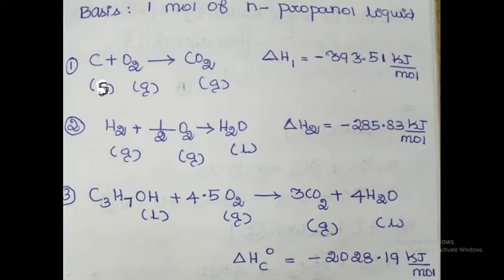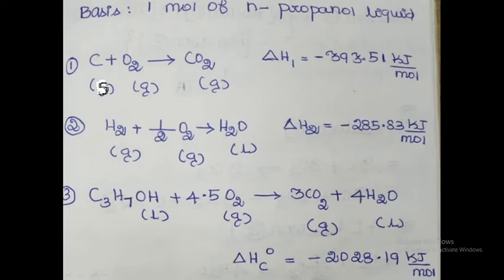C3H7OH plus 4.5 O2 gives 3CO2 plus 4H2O. So, the N-propanol state of aggregation is liquid, oxygen in gaseous form, whereas carbon dioxide is gaseous form and water in liquid form. Standard heat of combustion is given data minus 2028.19 kilojoule per mole. Are you clear or not? Okay. So, this is step number 1.